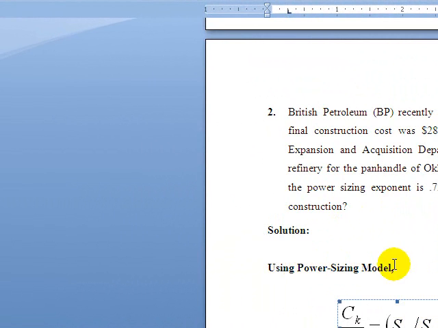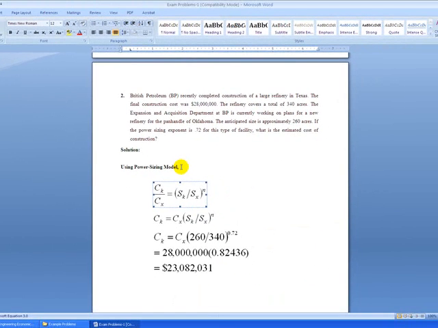If we know two similar equipments of different sizes, and we know the cost of one, and the power sizing exponent for that type of equipment, then we can determine the cost of the other equipment, which may be scaled up or scaled down compared to the original equipment.